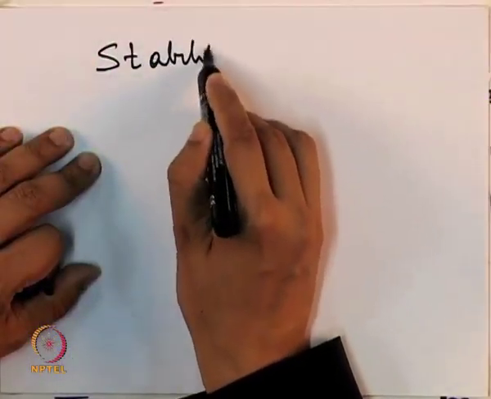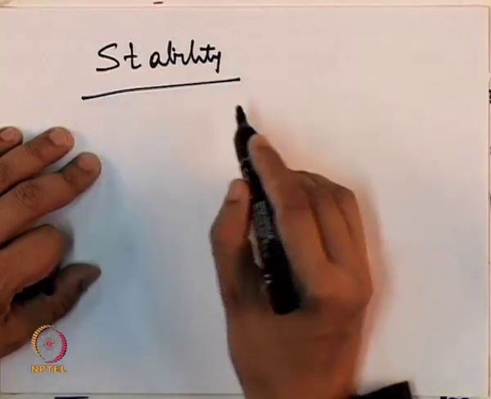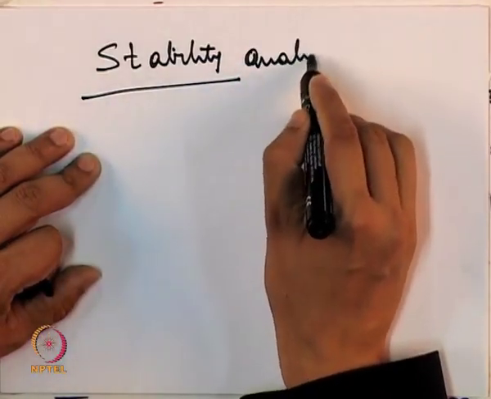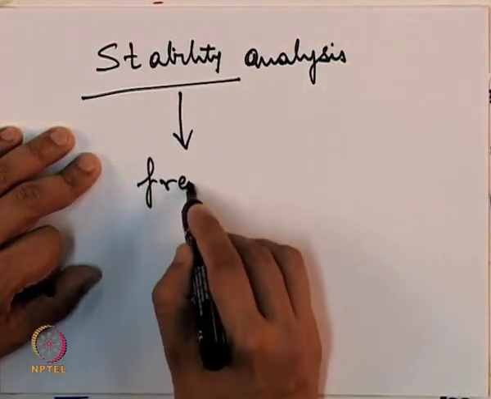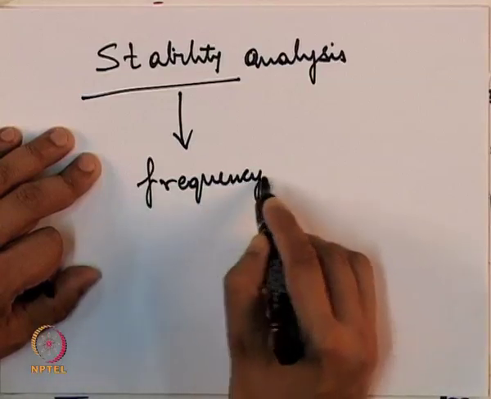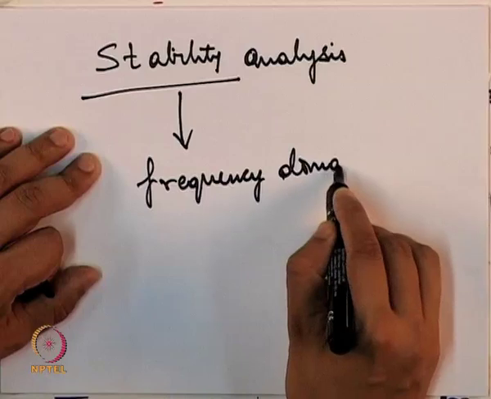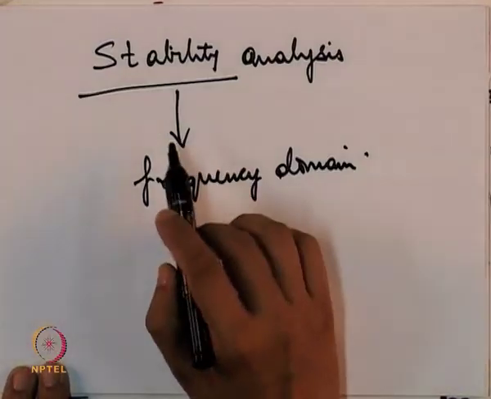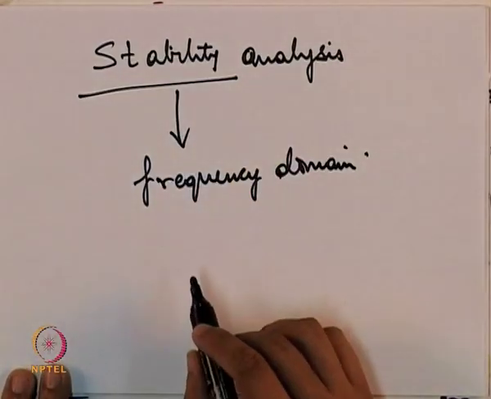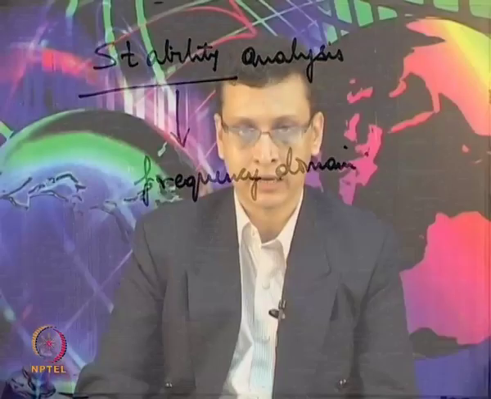What is the other advantage? Now, we will see later on that when we try to analyze the stability of a system, stability analysis is much more easily done in the frequency domain as compared to the time domain. One reason is because in the time domain, to understand the stability of a system, we have to let the system run for a long time.